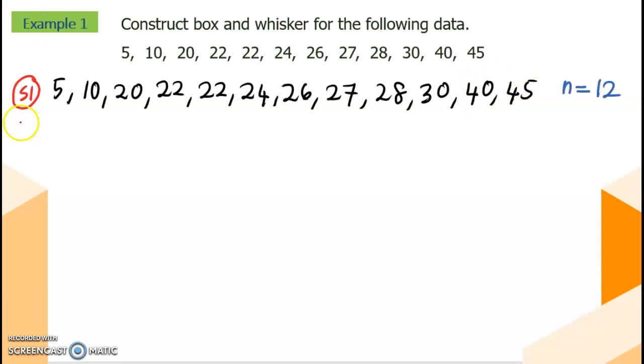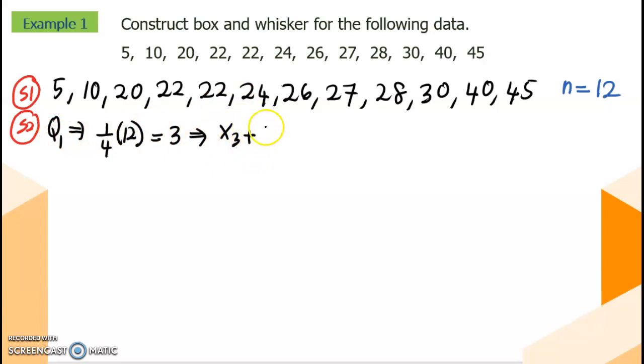Second step, we are going to find the 3 quartiles. From the data, n equals 12. So we are going to find the location for Q1 first. Q1 will be 1 over 4 multiplied by n, 12. So we have 3. 3 is an integer number, so our Q1 will be x3 plus x4 divided by 2.